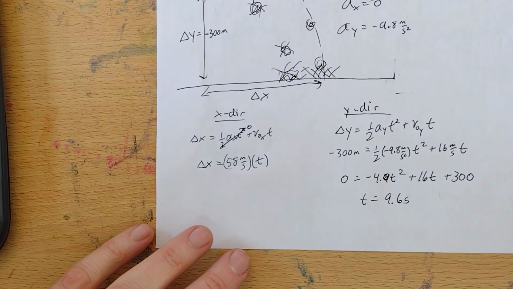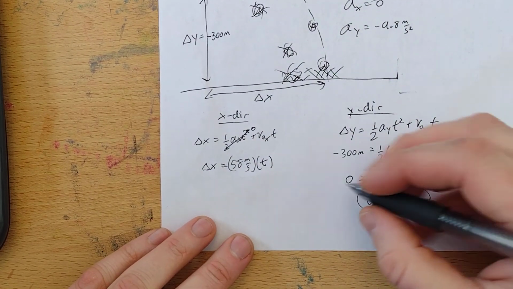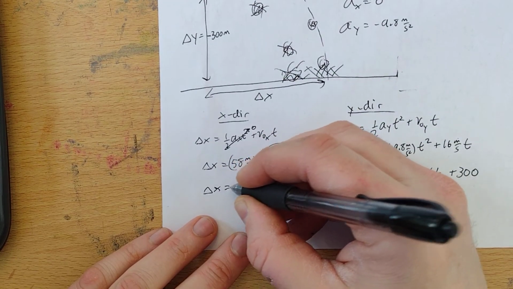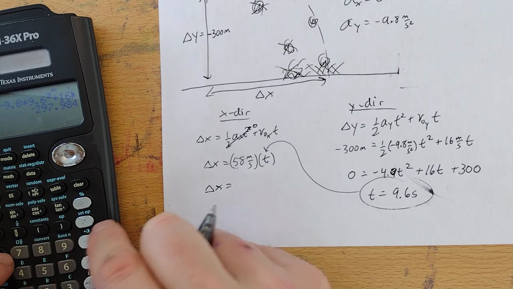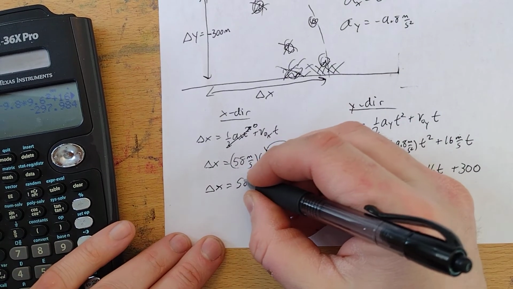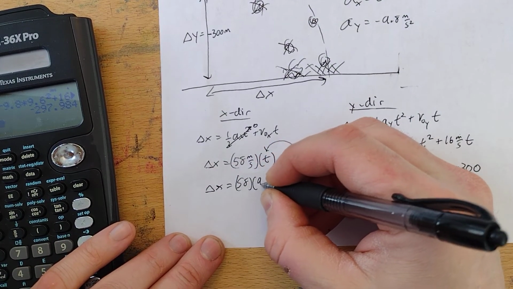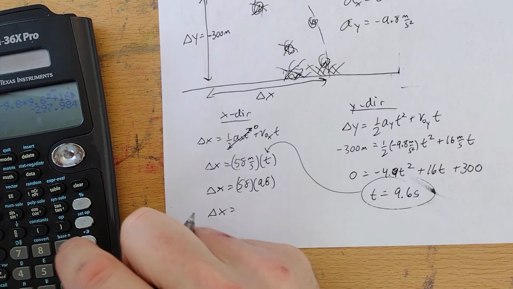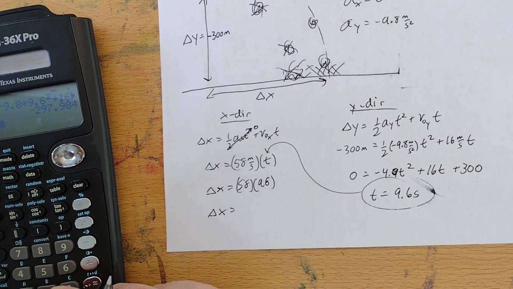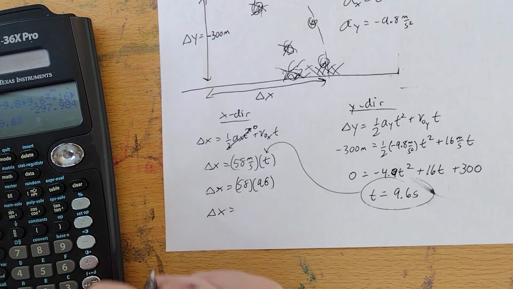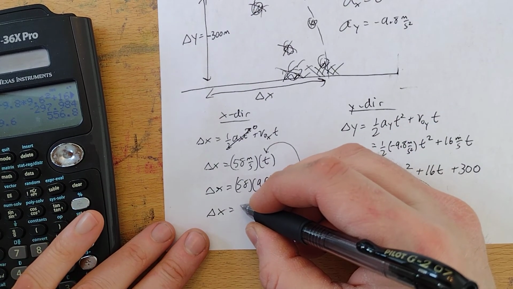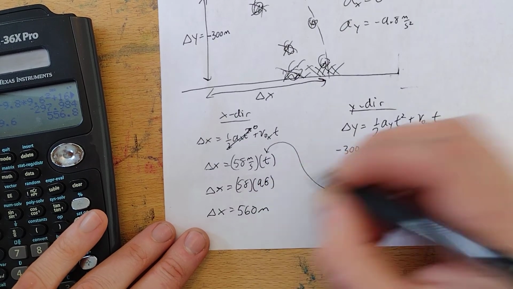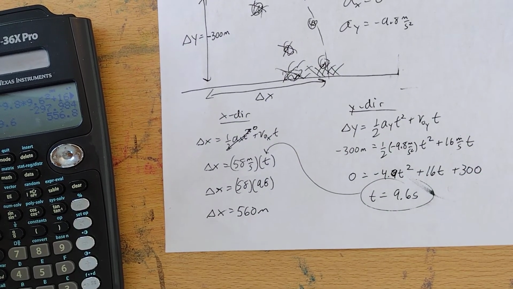All right, so now I can take that time and plug it back in there. Delta x equals 58 times 9.6. It's going to be about 600 or so, a little under 550, I suppose, maybe. About 557, 560, I'll say. 560 meters it's going to travel forward.